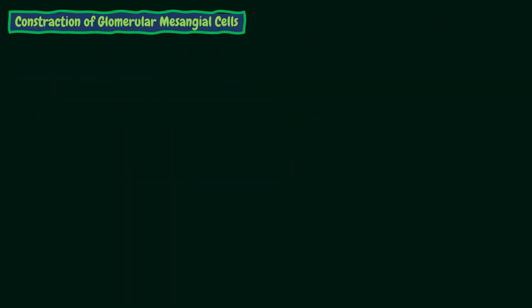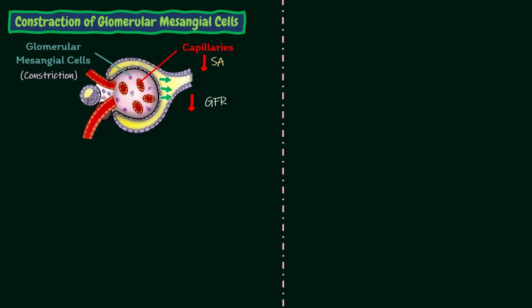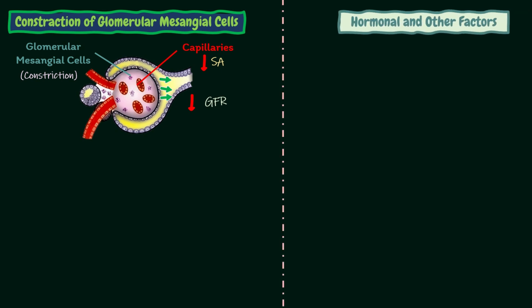Tenth factor is contraction of glomerular mesangial cells. Glomerular mesangial cells are situated in between the glomerular capillaries. Contraction of these cells decreases surface area of capillaries, resulting in reduction in glomerular filtration rate. Eleventh is hormonal and other factors.